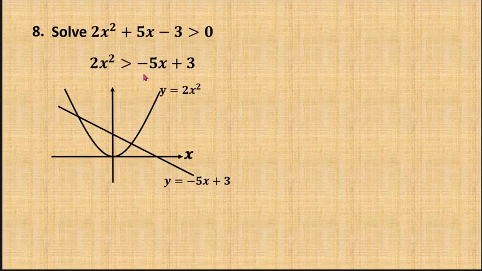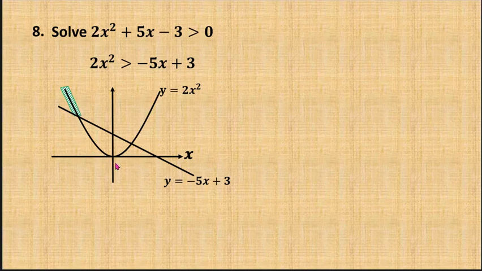Based on the inequality, the quadratic is greater than the linear, which means that I should mark the region where the curve is above the straight line. On the left-hand side of the diagram, notice that the curve is above the straight line. So this is the region that we want.